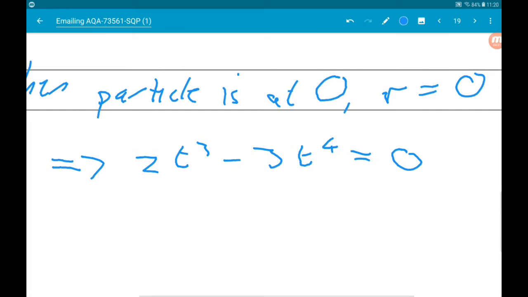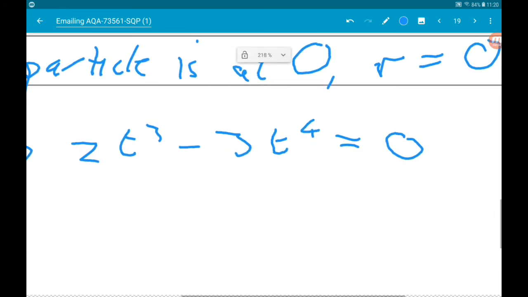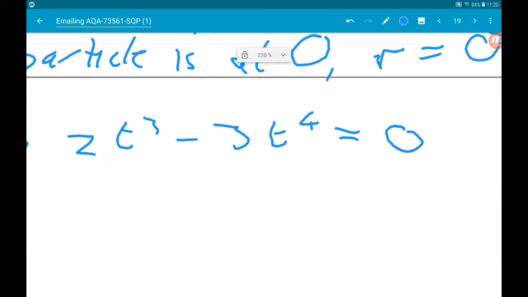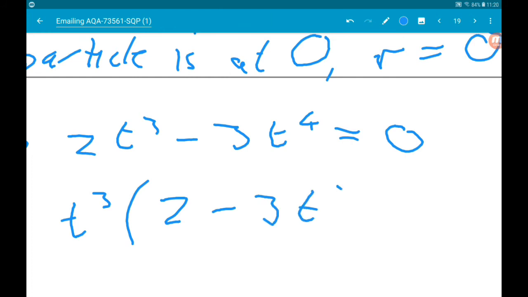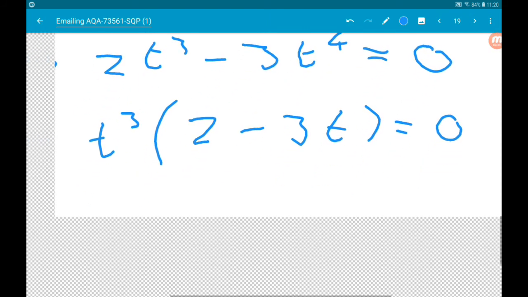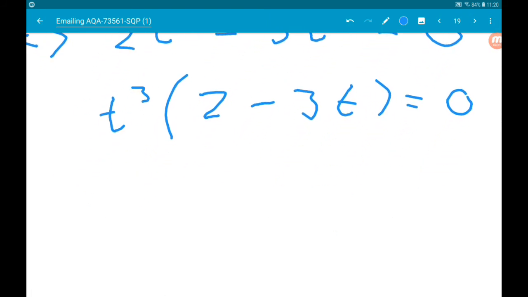Okay, so now we want to try and start solving this. We have a common factor of t cubed. So if we factorize this, we get t cubed times 2 minus 3t is equal to 0. That gives us two solutions for t.